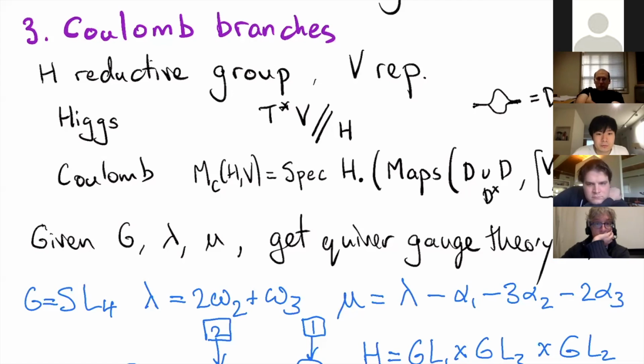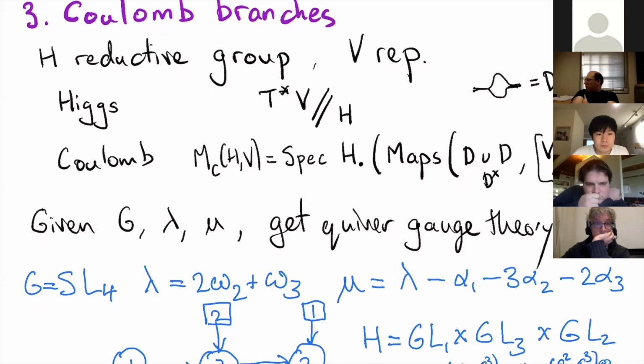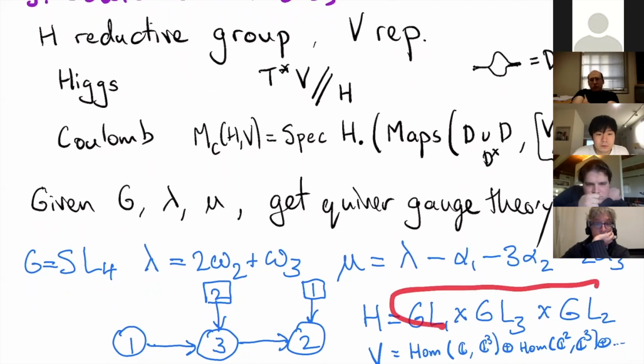So the input to this theory, and we're changing gears again, a new start, is a reductive group. This is not the same as the group we started with. Here's an example right here: it's going to be the product of some general linear groups. In fact, generally, it's going to be the product of general linear groups indexed by the Dynkin diagram of the group we started with.